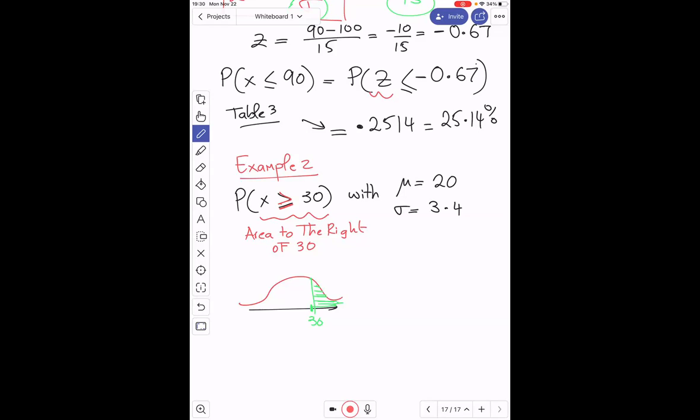So we need to transform or convert this 30 to the variable z. So here we have z, the variable of the standard normal distribution. Again, here's your graph. You're supposed to have the mean here, mu is 0, right? This is the standard normal distribution.